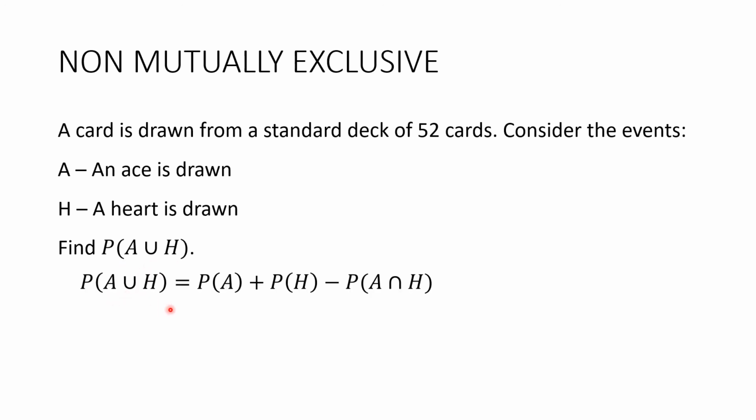The probability of A union H is equal to the probability of A plus the probability of H take away the probability of A intersection H. Okay, the probability that we draw an ace is 4 out of 52. The probability we draw a heart is 13 out of 52. Take away the probability that it is the ace of hearts, which is 1 on 52. And doing that on the calculator or in your head, we get 16 on 52.